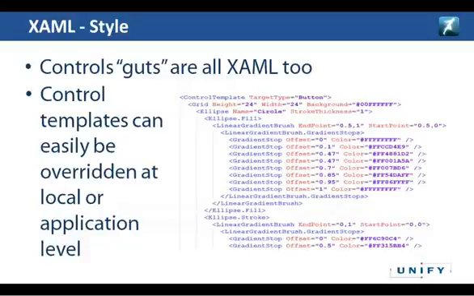The control guts are all XAML too. So everything that makes a control is defined in XML text, and you see all the elements of a button are defined in strict XML. Be it a color gradient or several color gradients that are being added together to provide a complex color filling for a button, like this here with several gradients in there and start and stop colors.